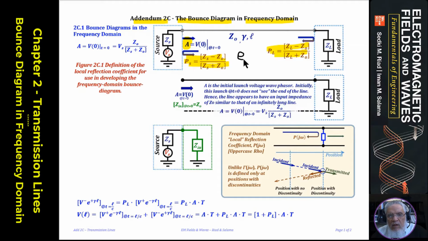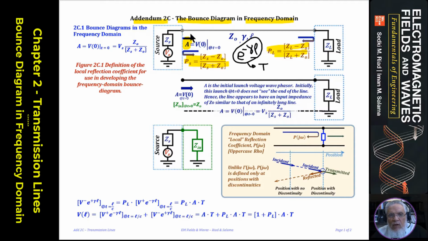Well, the distance here is L, so e to the minus gamma L is the modification of the signal coming from the source to the load. Also coming from the load to the source, it is going to be modified by the same amount. This amount here is going to be called T in our development. So we're going to use the symbol T to indicate that modification.